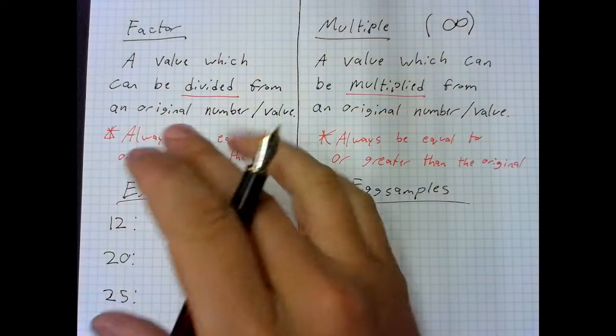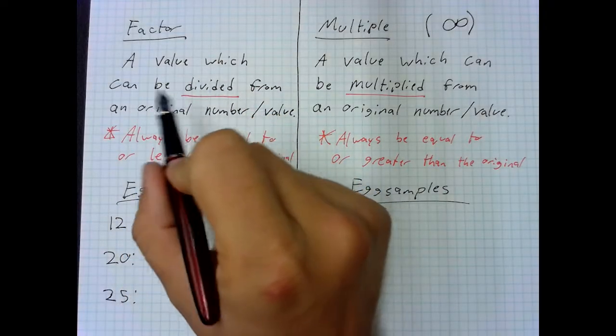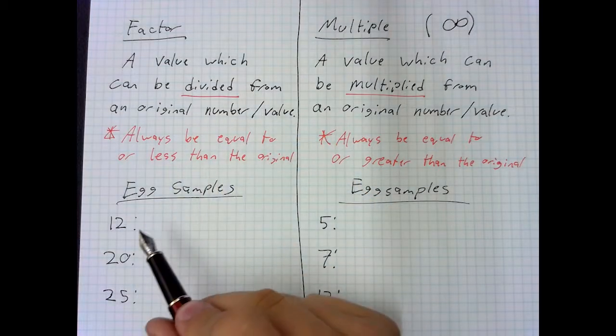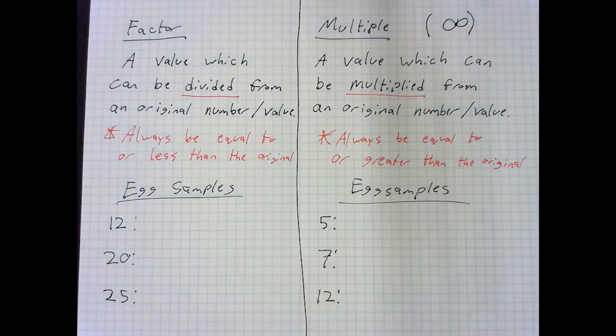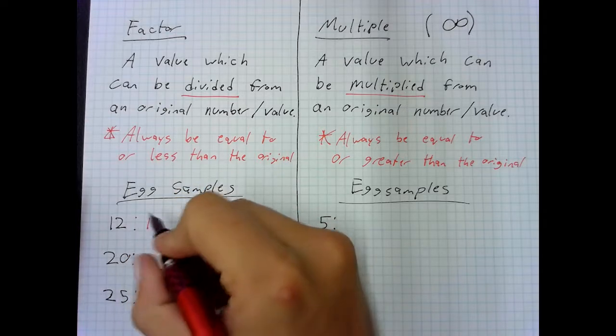Factors, on the other hand, are pretty limited. For factors, we need to find all the values that can be divided from 12, 20, and 25. So starting with 12, what's something that we can divide everything by no matter what? 1. We can divide 12 by 1.